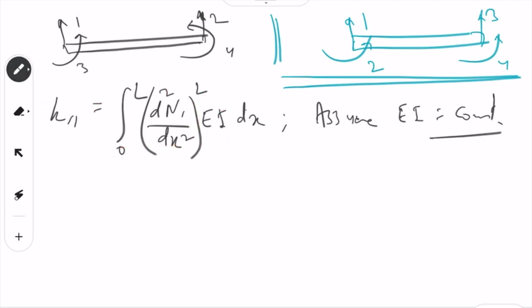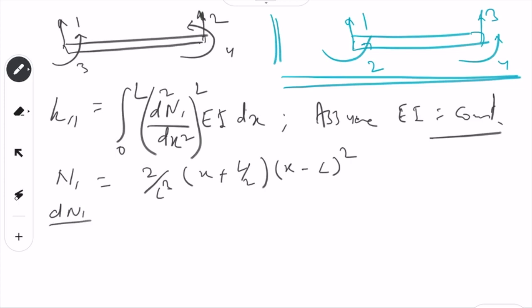So, then what will be the value? So, we know that N1 is equal to 2 over L cube times x plus L over 2 times x minus L square.